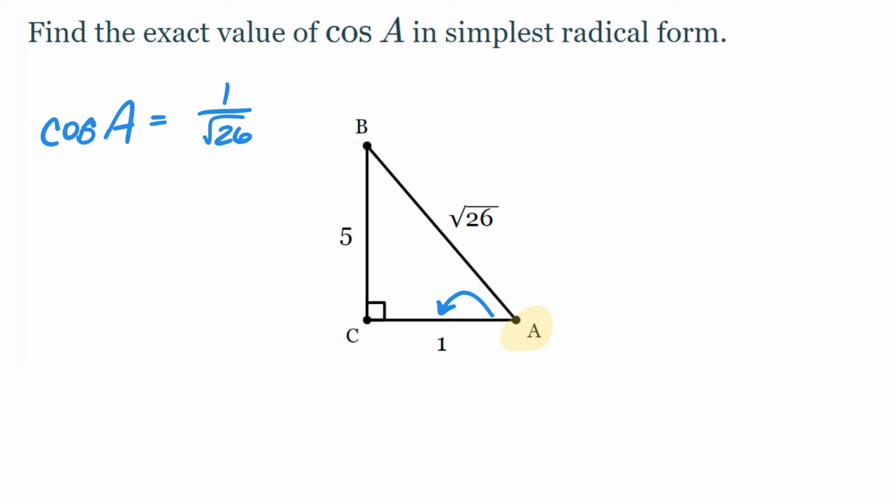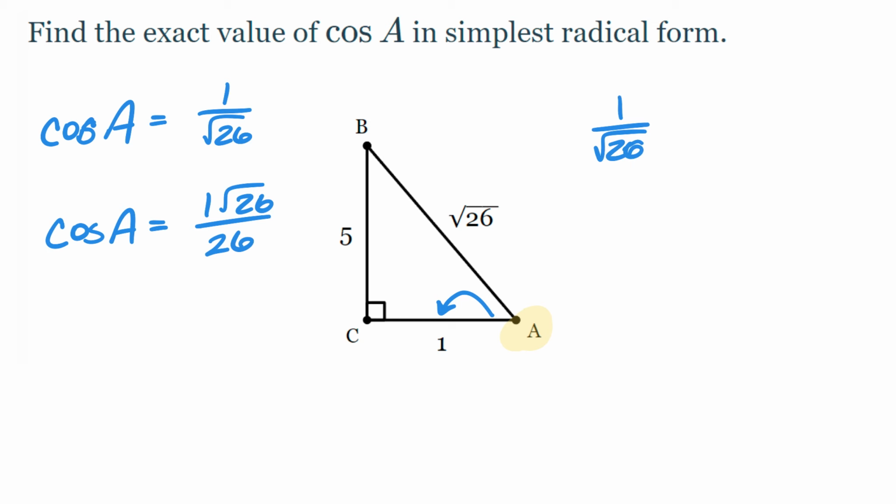Now at this point, if you're using my bump and keep method, this works out really nicely for us because we can bump the square root of 26 up there to join the 1, and we can keep the radicand 26. So that's what we have as a solution.